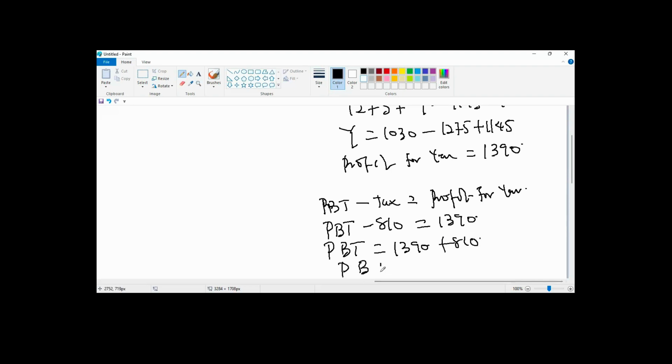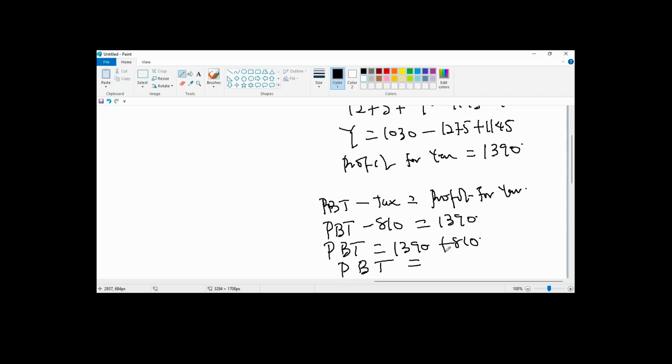What is the profit before tax now? 2200. 2200. I'm not sure if you are giving the right figure. It's correct. 2200 is correct.